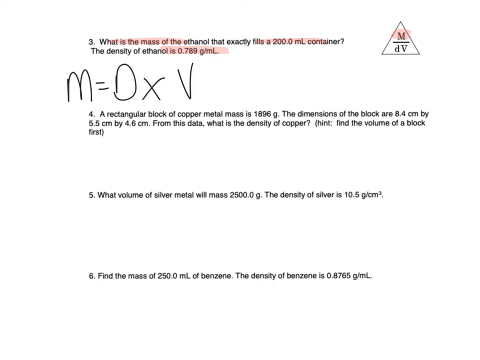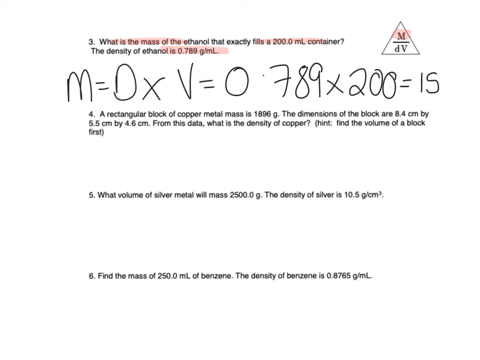So our density is 0.789. Our volume is 200, so my answer ends up being 0.8 grams. Now the reason it's grams, folks, is if we have a look at our density in the question, we can see that it's grams per milliliter cubed, so my unit for mass must be in grams.